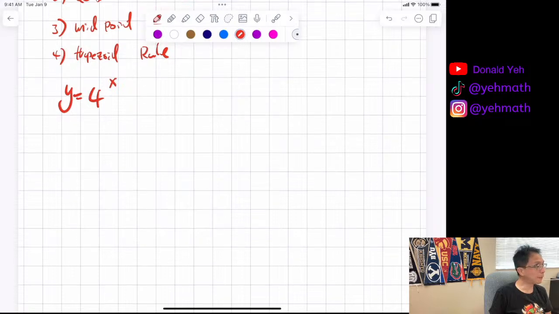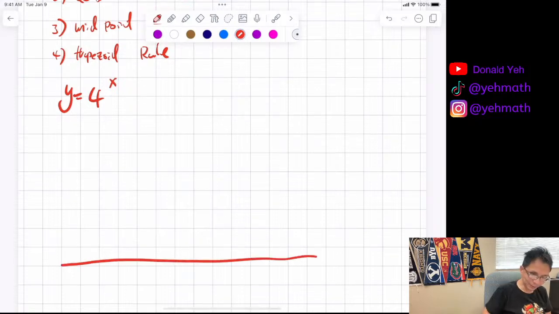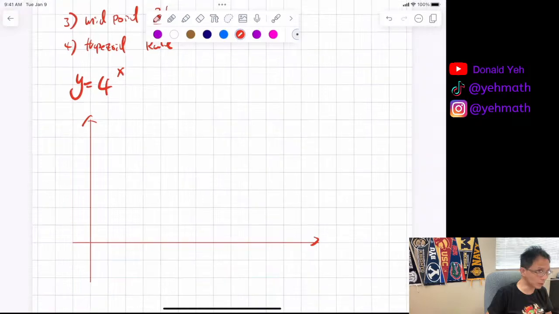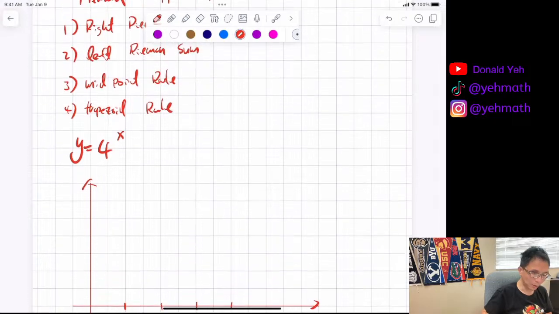Now for me, I like to draw out a graph, and I'll do a table, and there's a reason why I do that. I'll show you a trick that I personally use that usually helps a lot of students. You don't have to do that, but it helps a lot of students figure out the values. For example, this is 1/2 here, this is 1, this is 3/2, and this is 2.